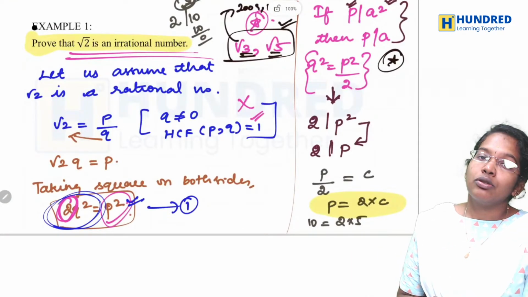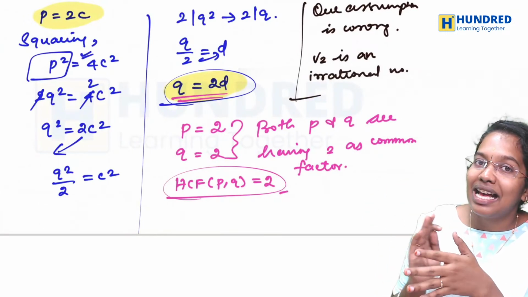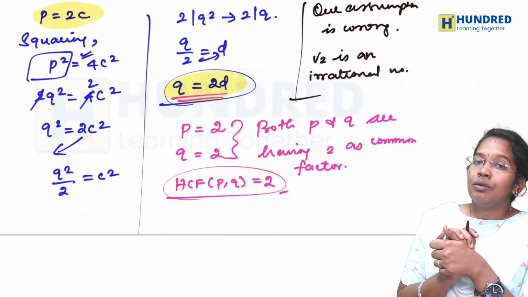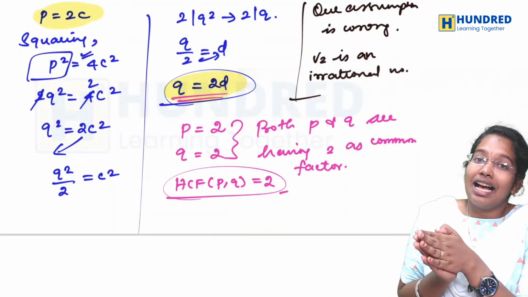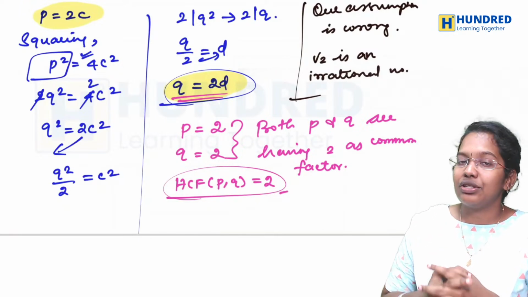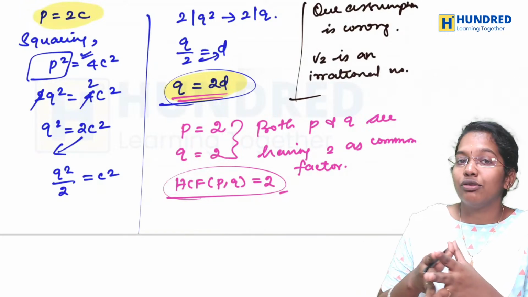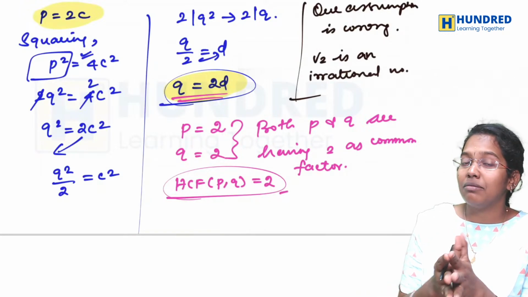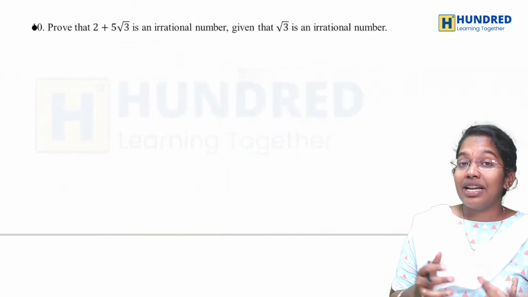With that, we show that p and q have 2 as a common factor, so we can't have HCF 1 when the given number is rational. So our assumption is wrong, and the given number is an irrational number. Okay, now let's move on to the next important thing.